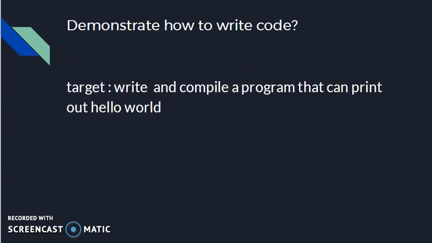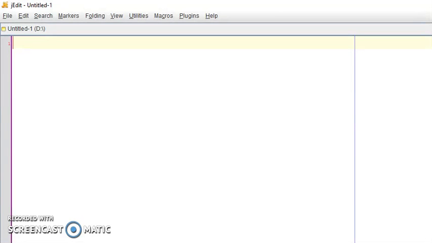Next, I will demonstrate how to write code. Our target is to write and compile a program that can print out hello world. I will write in Java language style. First, open JEdit, and then start to type code. And now save the file.